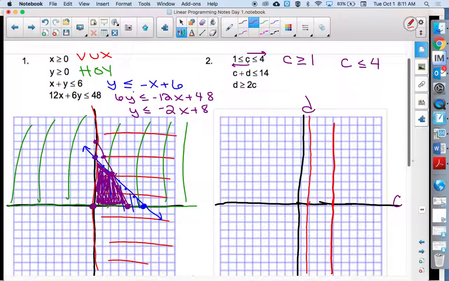Because the variable C was in between those 2 numbers, my solution has to be in between those 2 vertical lines. So X or C is in between 1 and 4, so my solution has to be in between the 2 vertical lines.